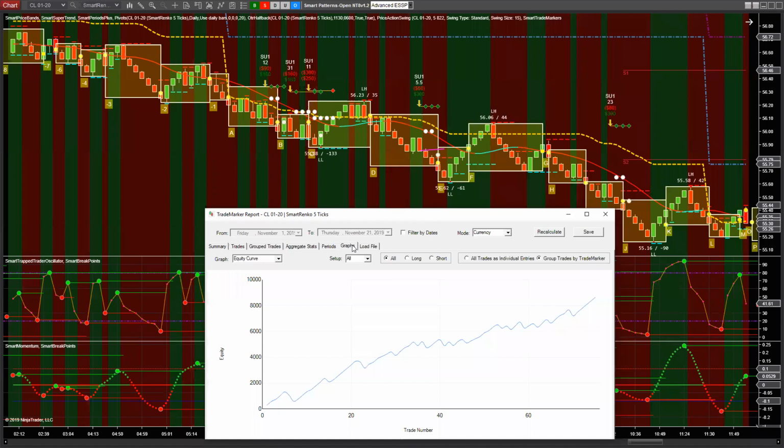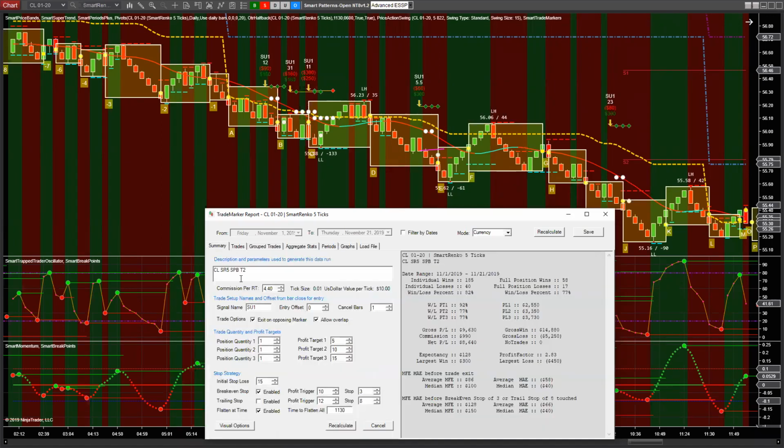I could even go back and forth with the graph and see how it smoothed it out.